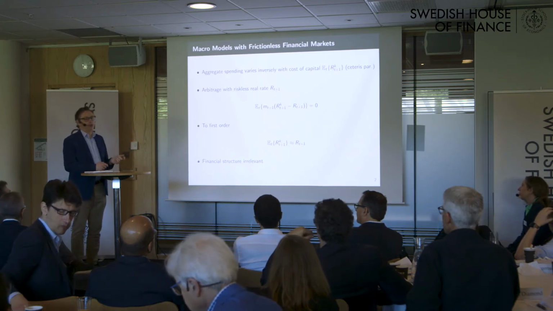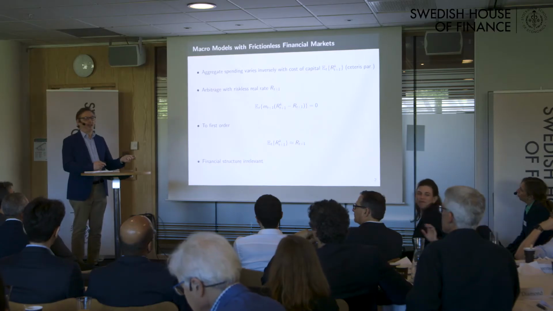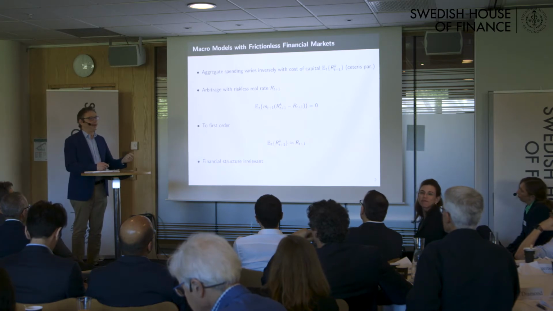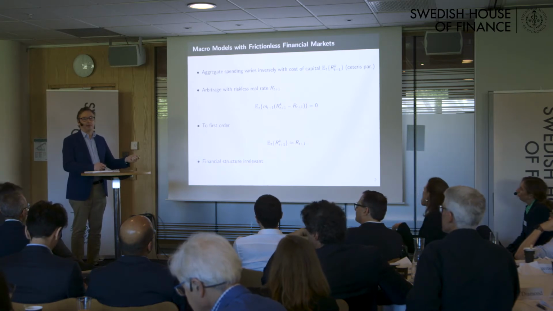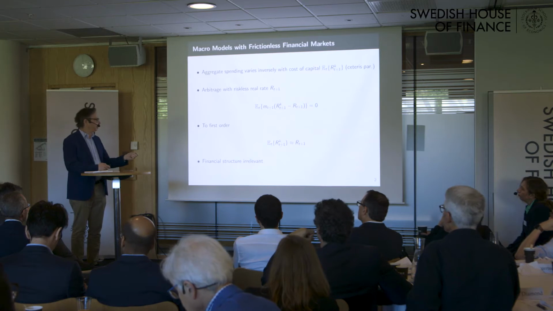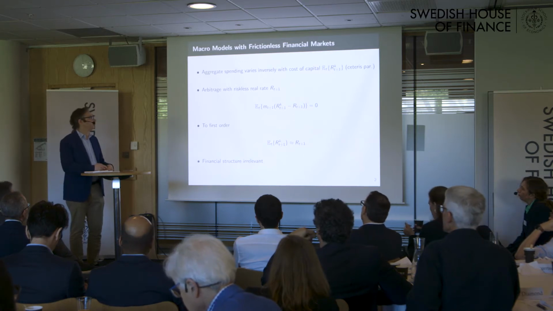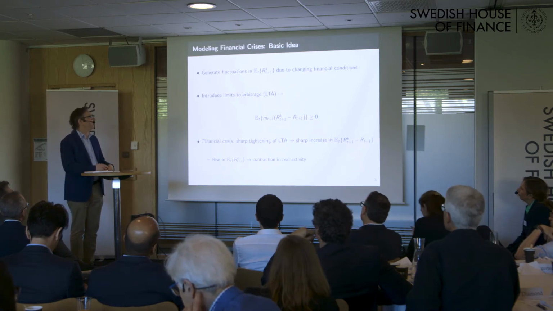And you can show from this equation that to a first order, the required return on capital is going to vary 1-for-1 with the riskless rate. In these models with nominal rigidities, the central bank regulates the riskless rate and so has a lot of control over the cost of capital. And the important thing is that financial structure is irrelevant to this process.